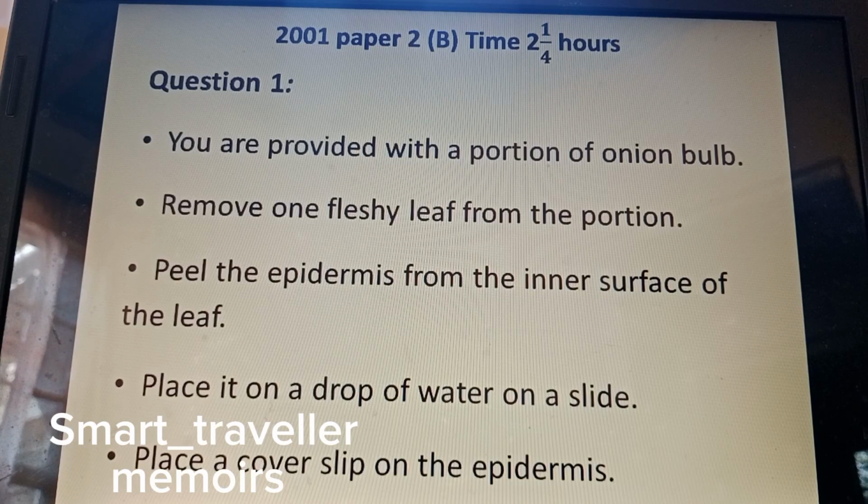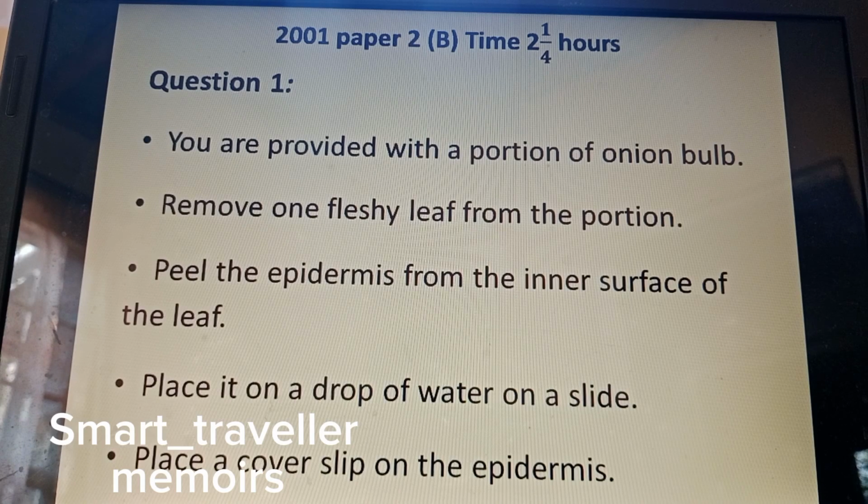So I've decided to start with the papers from 2001 to 2016 because that is where I retired. But if anybody requires the other papers, I can also access them.